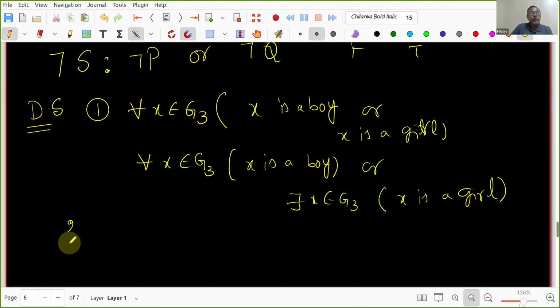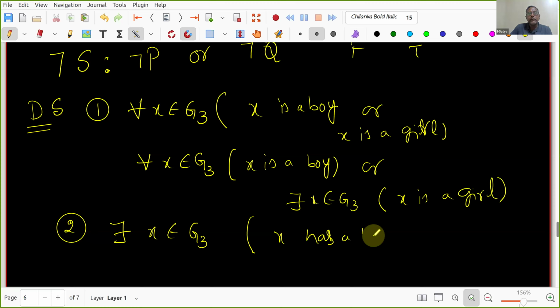Now, question number 2, right? So given any student, I'll write this. Given any student X has a laptop, or X has a mobile.